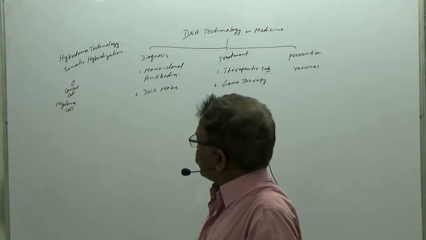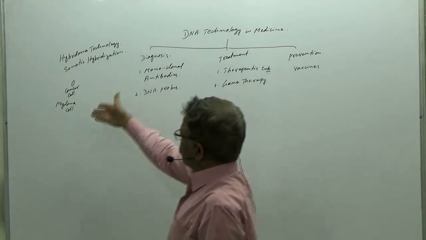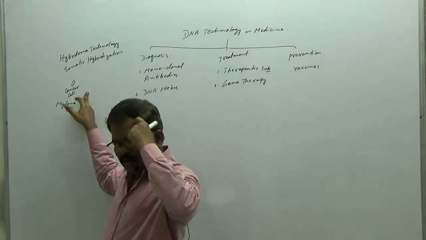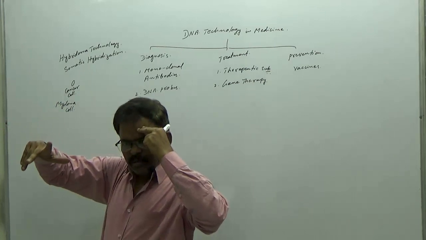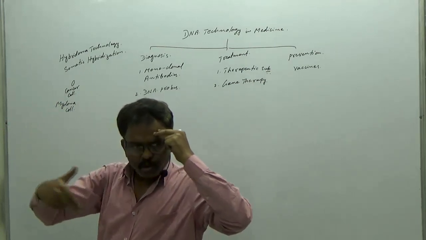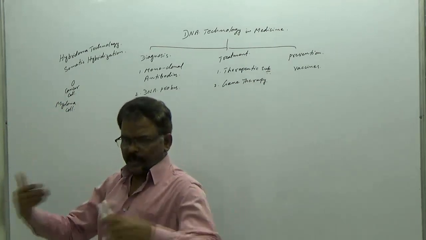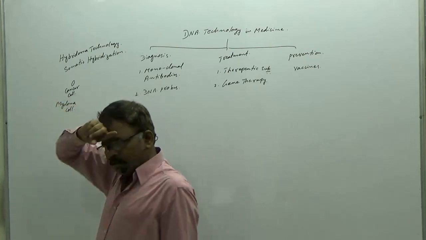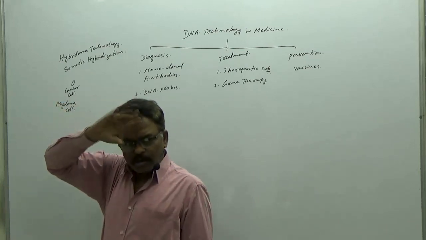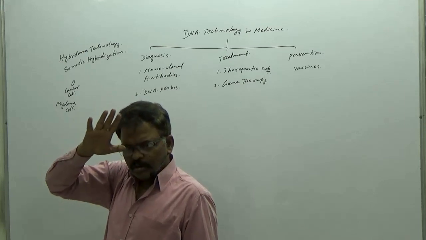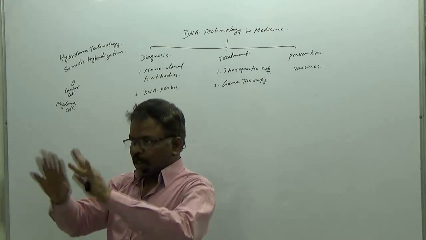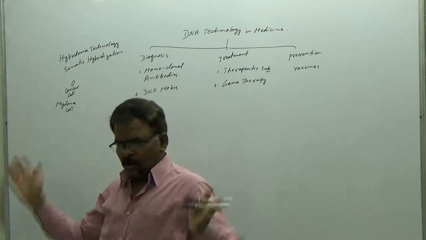Why do they select that? What is the property of the cancer cell? It continuously goes on dividing and producing new cells. Cancer means abnormal, uncontrolled growth. One cell into 2, 2 into 4, 4 into 8, 8 into 16, and it goes on.